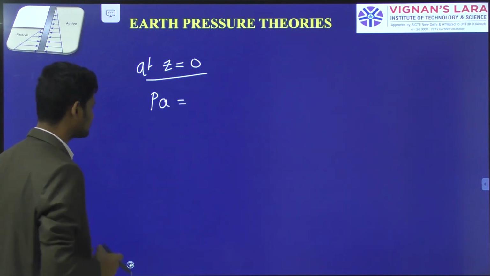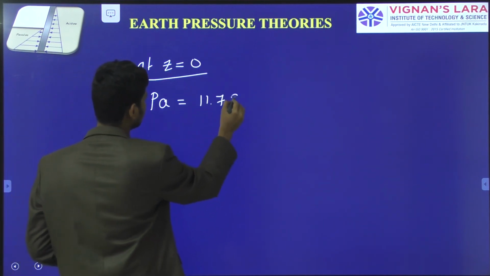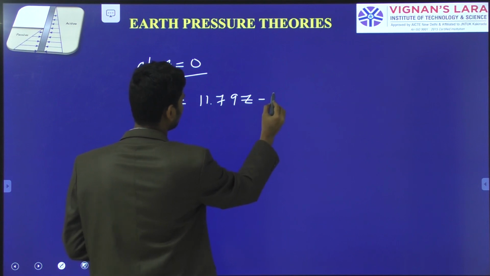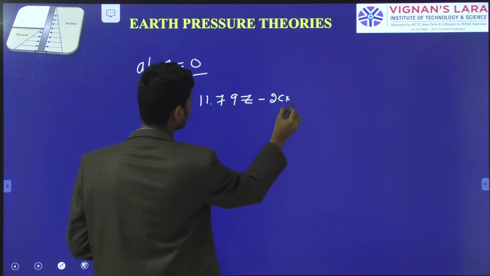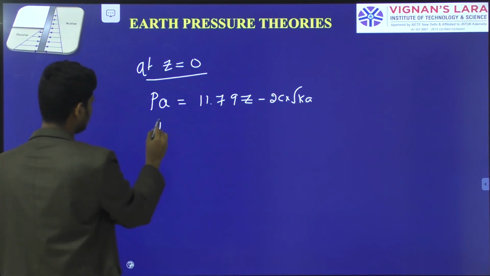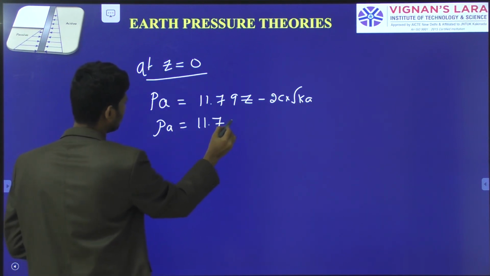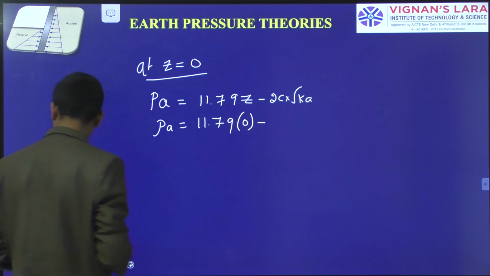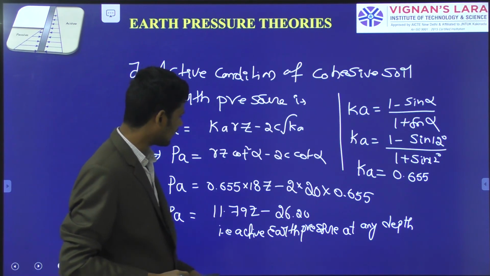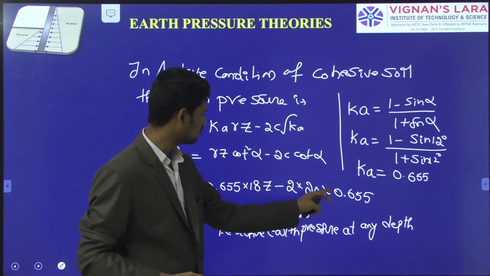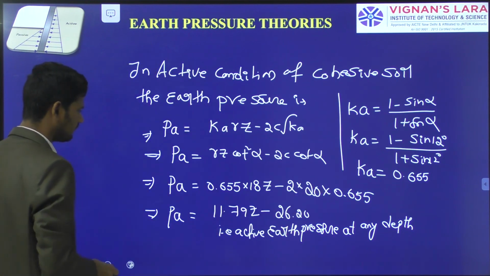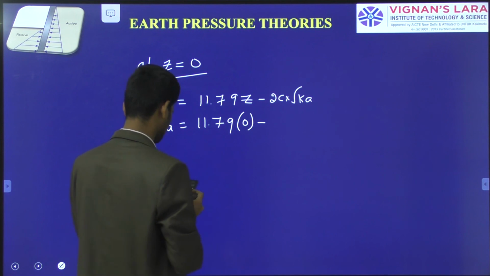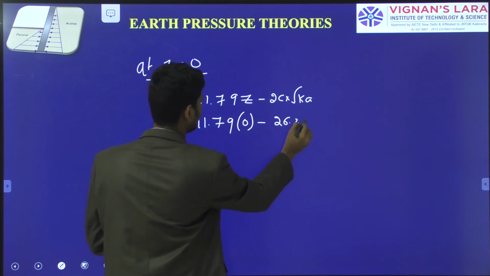Pa equal to 11.79 into Z equal to 0, which gives 0, minus 2C into square root of Ka, already calculated as 2 into 20 into 0.655, that is 26.20.